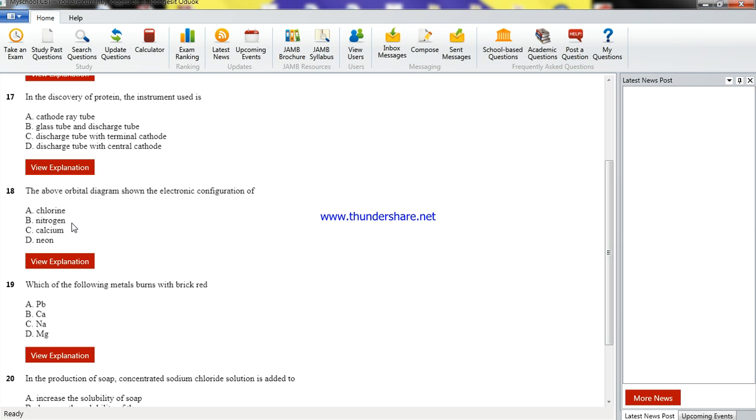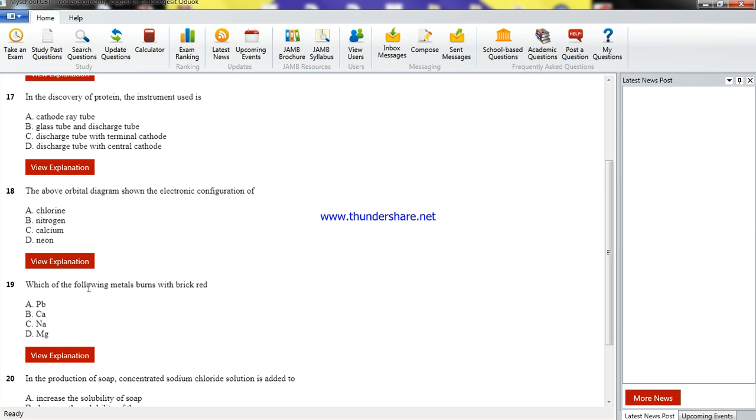Nitrogen has atomic number of 7. If you break it into shell configuration, you are going to have 2,5. That's the K shell takes 2, the L shell takes 5. Then if you break it into orbital configuration, you're going to have 1s2, 2s2, and then 2p3.